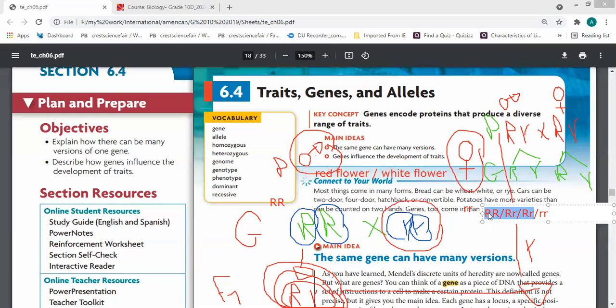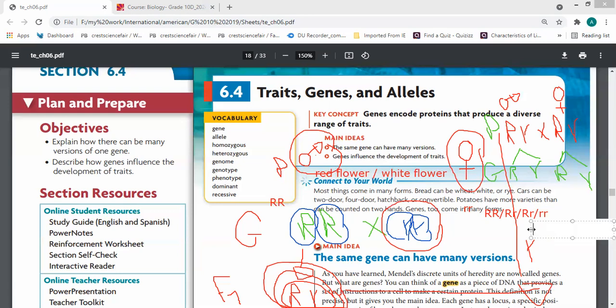The first three pea plants carried flower color what? Red. Excellent. The last one, white. So the ratio between red and white flower in the second generation, what?